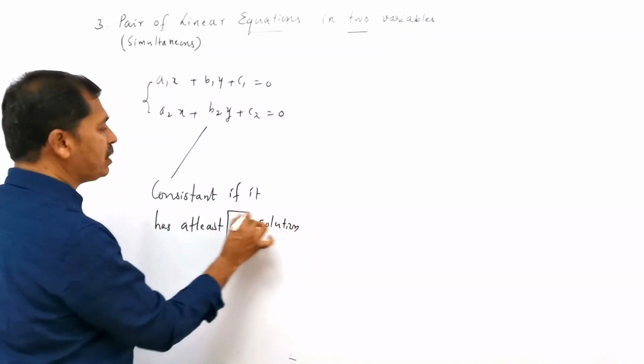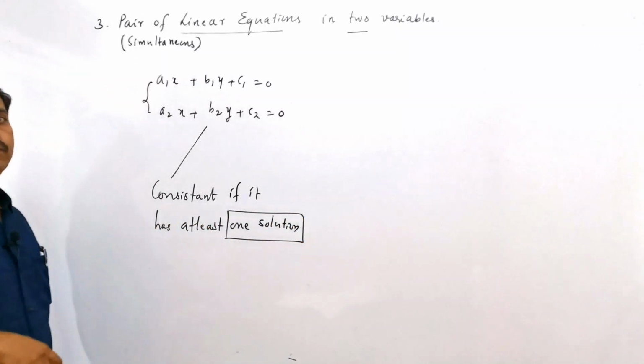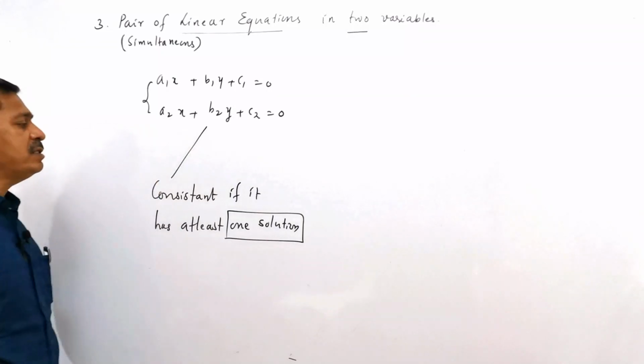There should be at least one solution. Then this system is said to be consistent.